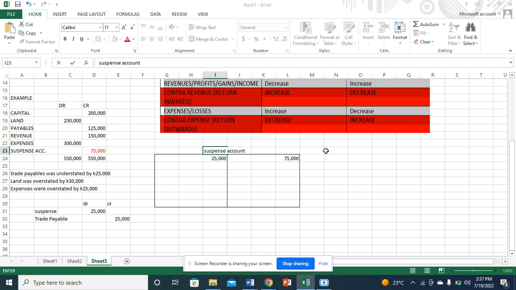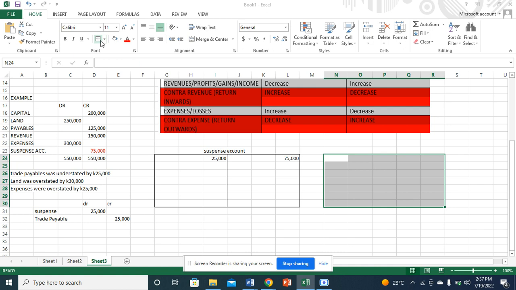All right. So your trade payable account will look like this also. It was 125,000. So since it was undercast, we're going to credit it.